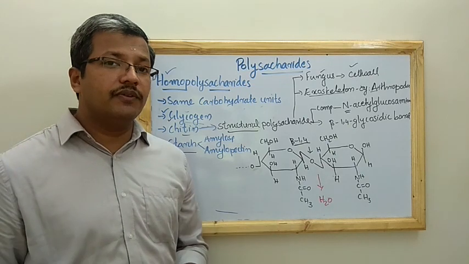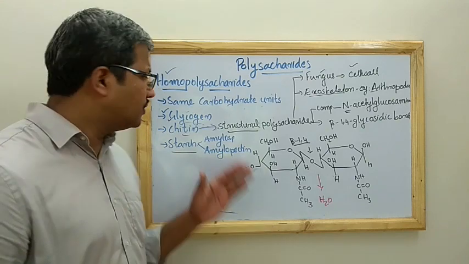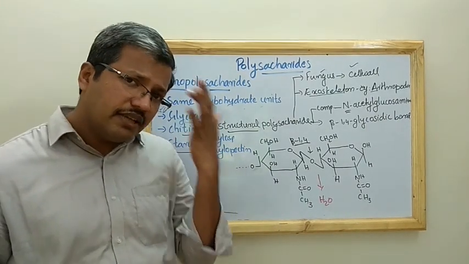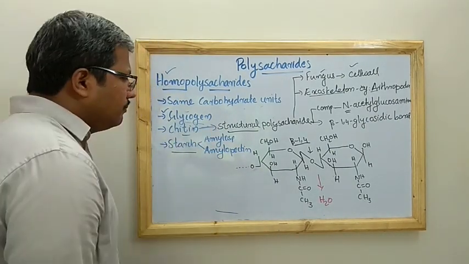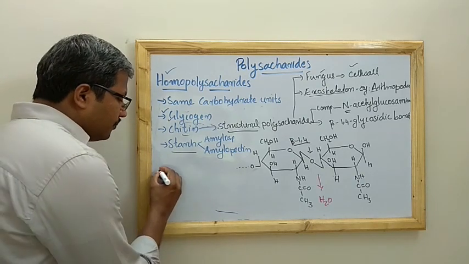Now, where is the difference between glycogen and the starch? You can draw the structure of glycogen and starch in the same way. But where is the difference? Difference is only in the frequency of branching.